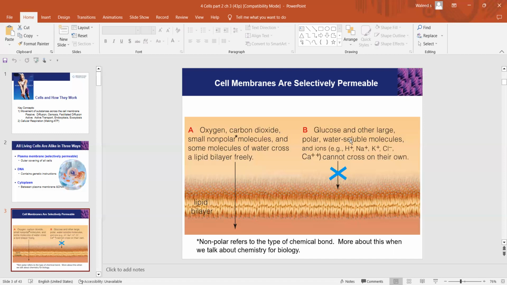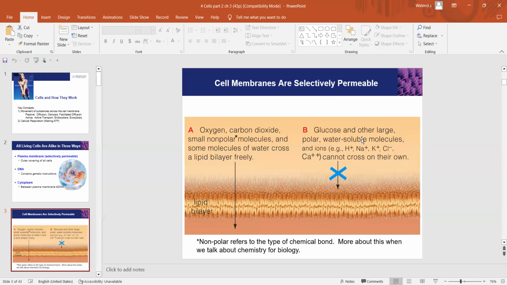Other things cannot do that because they are polar, and also they can be large. It's not small like those, and it's not non-polar like those. To make it simple, water soluble and water insoluble mean hydrophilic and hydrophobic. You don't have to memorize. Just know one thing: lipids or fat is water insoluble, or hydrophobic.